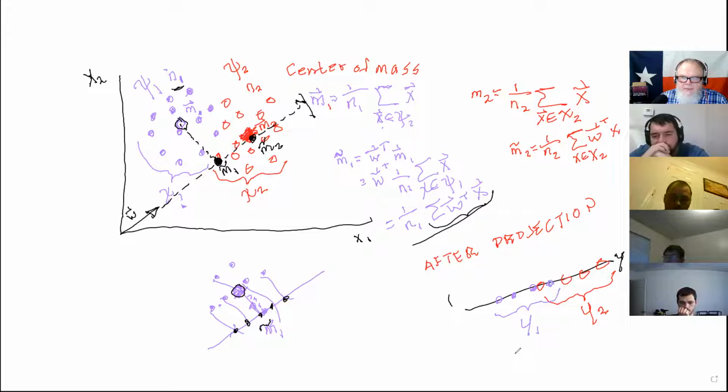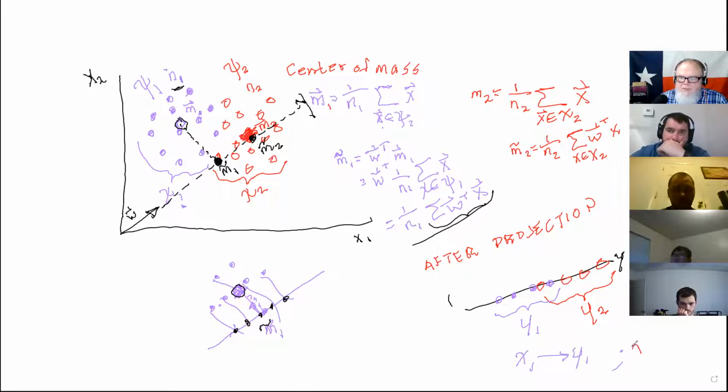So chi1 projects onto Y1. And in a similar fashion, we have chi2 projecting onto Y2. So when we talk about chi, we're talking about the multidimensional. When we're talking about the X, we're talking about the lower dimensional.